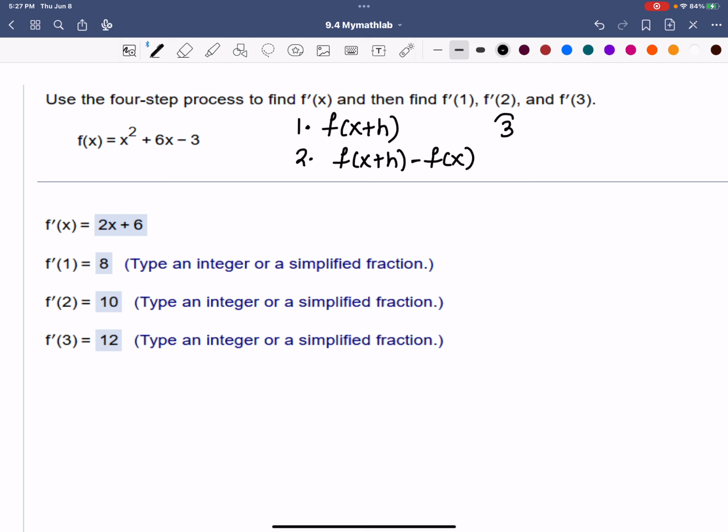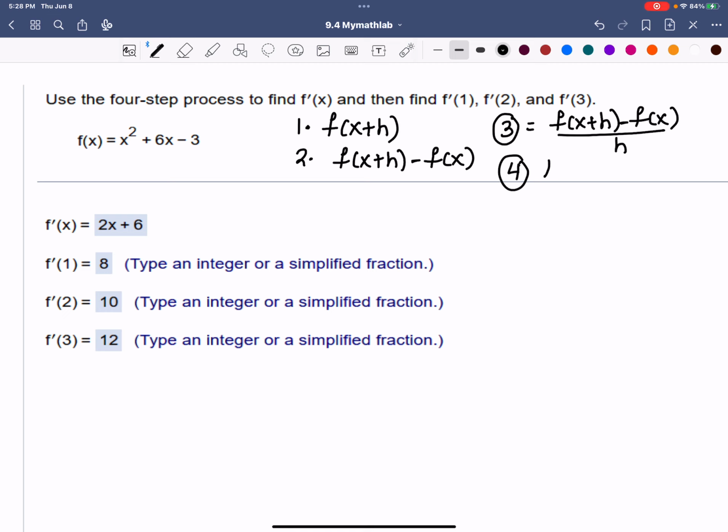Your third step is to divide this with h. If you've taken algebra before, this probably will ring a bell. This is called the difference quotient. What you're doing here is finding the difference in y values and dividing by the difference in x values, which is nothing but your slope. And that's exactly what calculus is all about, finding the rate of change.